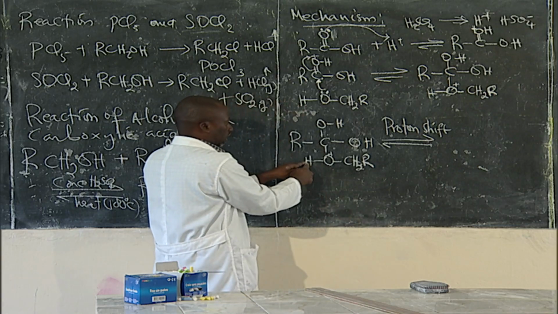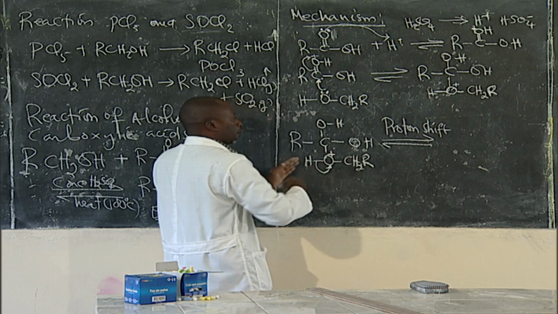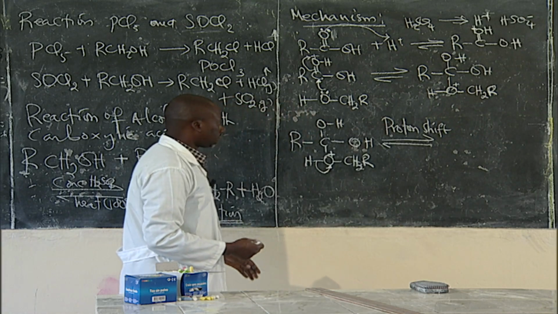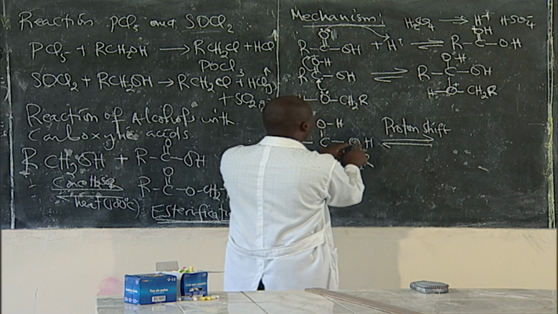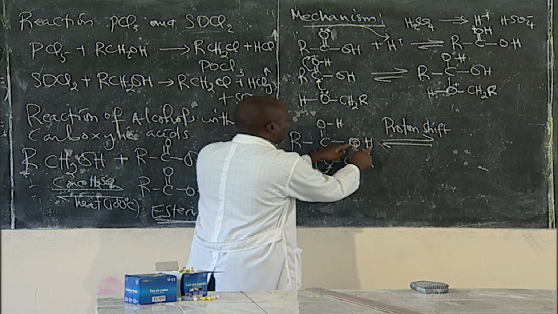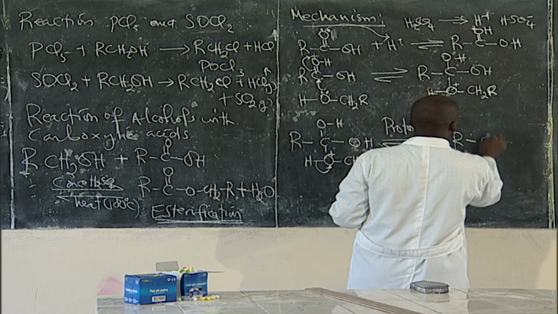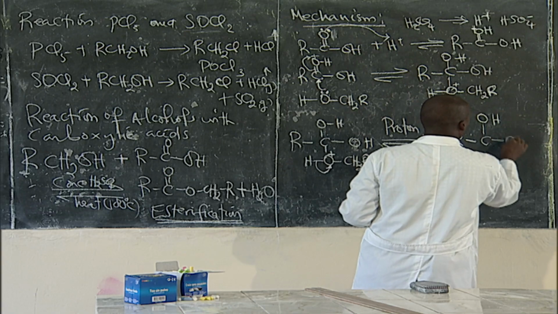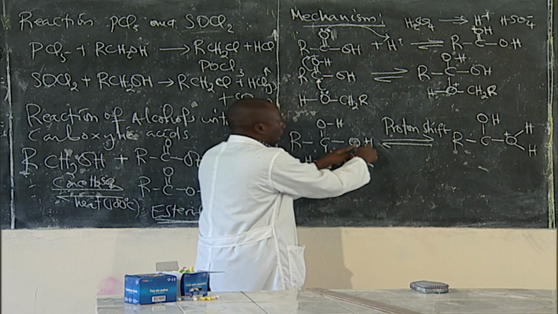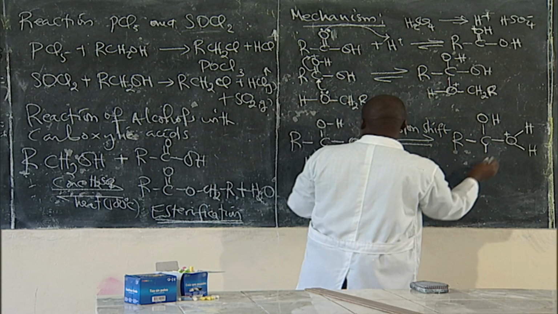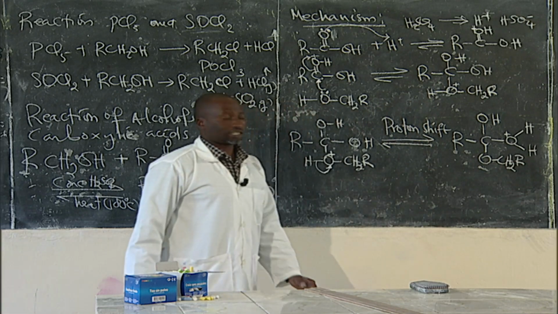This hydrogen that breaks away to neutralize the positive charge here doesn't disappear. Instead, it rearranges. One of the oxygen atoms of the OH attracts that proton, and then it will form this compound. OH with O, this one comes here. So one of the hydrogens that breaks here now comes here. That's why we have this compound there. This is OCH2R. So that is how it goes.